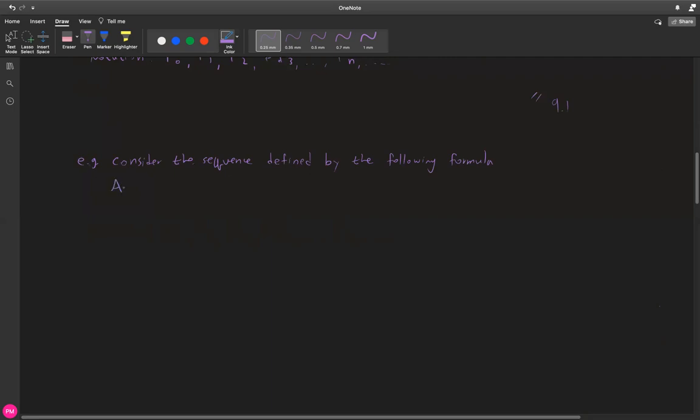You're given a sub n equals 2n to the power of 2 plus 1. Before we do anything, what kind of formula is this? Is this explicit or recursive?